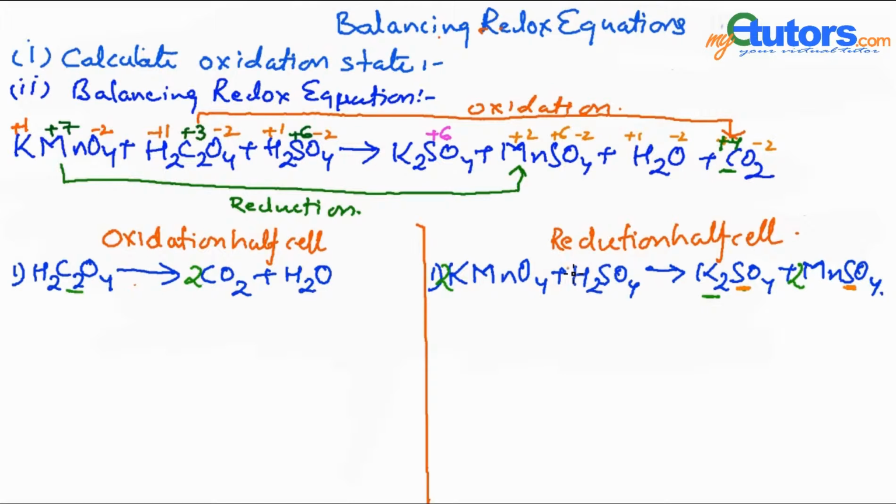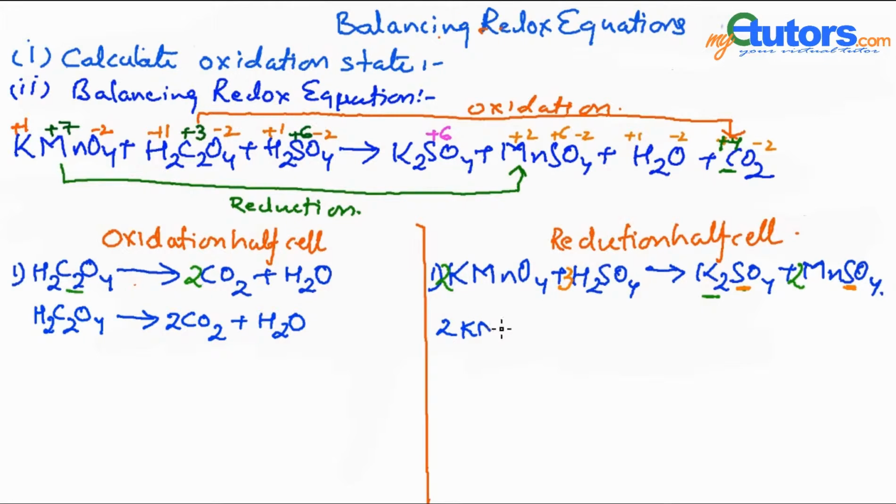You just calculate the total number of elements of the same type that are present on the reactant side, and accordingly you balance them on the product side. For example, in oxalic acid there are two carbon atoms, so on the product side we multiply carbon dioxide by 2, thus carbon is balanced.